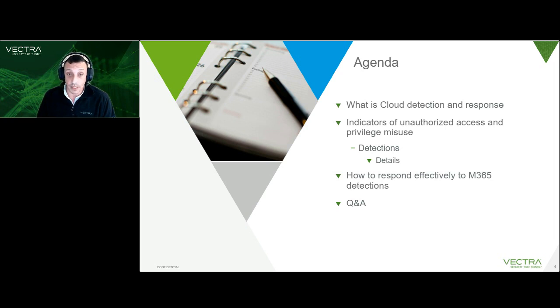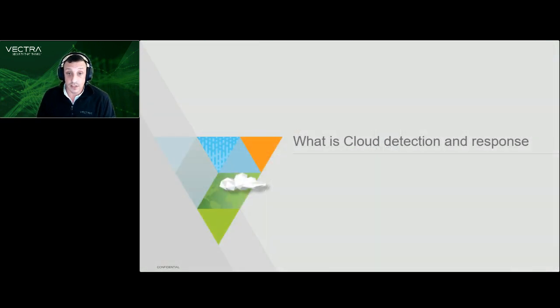And finally, to wrap things up, I will answer as many questions as possible that you have sent through to the Q&A areas of this webinar. So before we discuss specific activities that an attacker may perform or an analyst may need to perform in their environment, we need to talk about what cloud detection and response is.